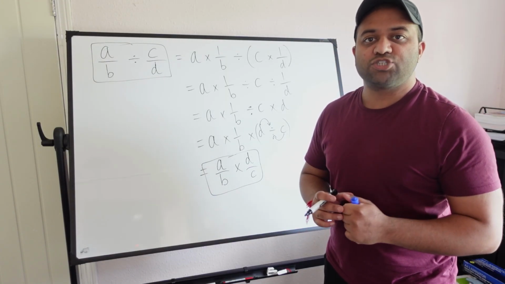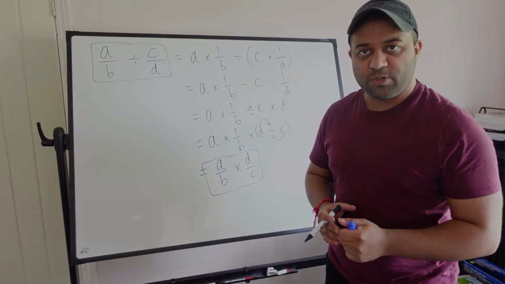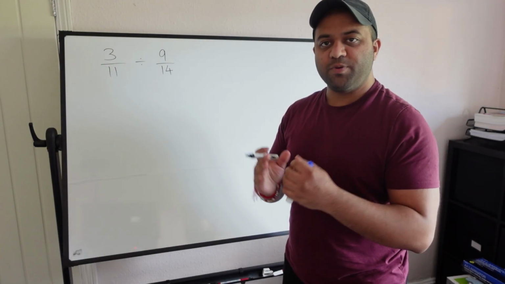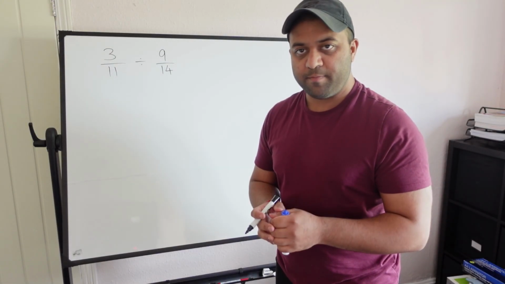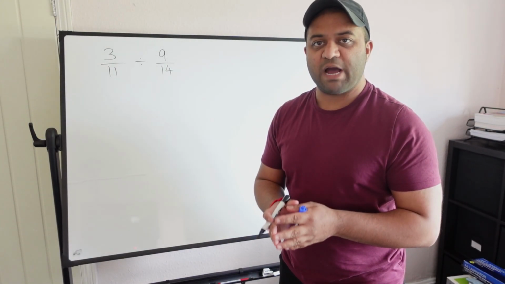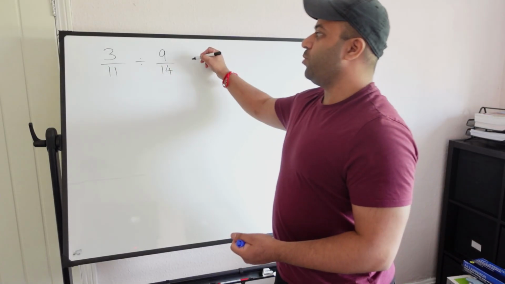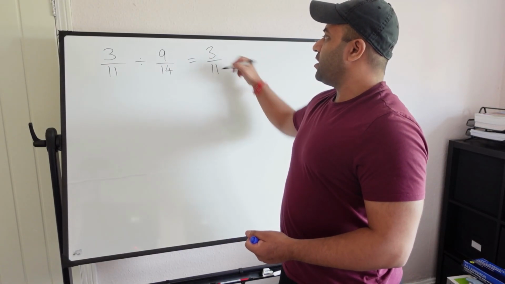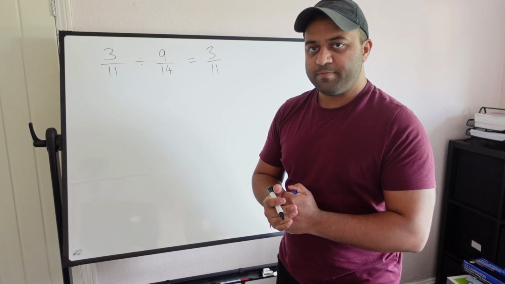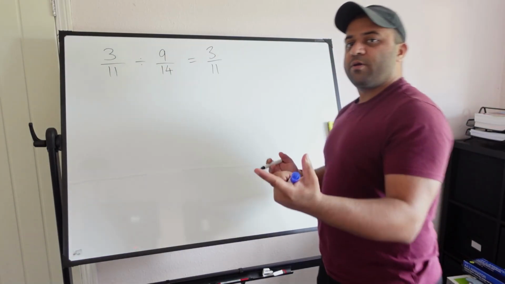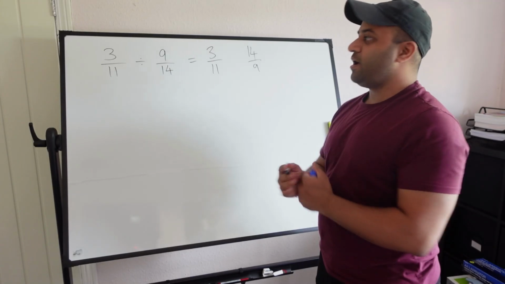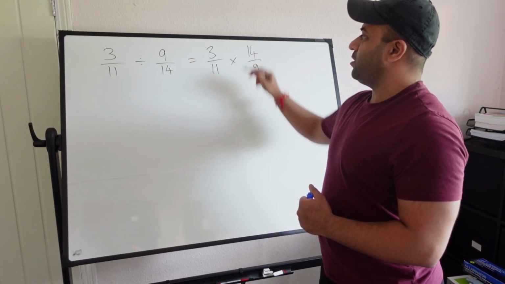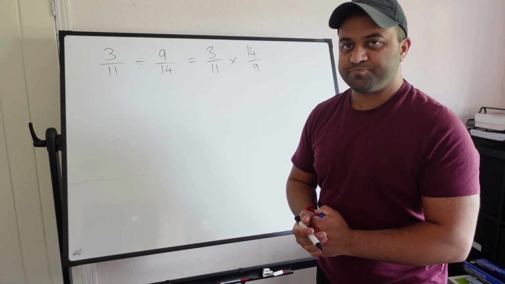So let's try this out now on an example. So here's our example. 3 over 11 divided by 9 over 14. If we were to use our keep, flip, change method, we can keep the 3 over 11 the same. We flip the 9 over 14 into 14 over 9, and instead of division, we have our multiplication.